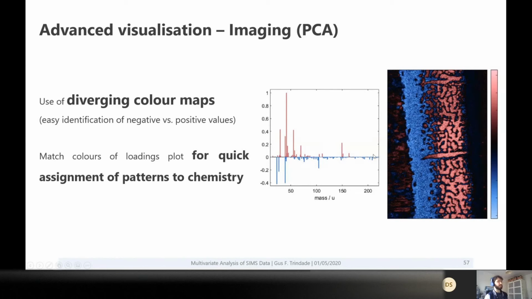So it's quite easy to match one to the other: anything blue here matches the blue in your map, and red matches the red. And you have the intensity distributions, the more white red or light red, the more you have of these ions. So it's good for identification, it's good for presentations, papers, and all these things. I consider this post-processing, because you need to change the color schemes, but it's just visualization, really.